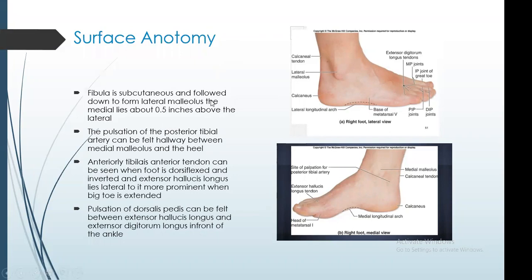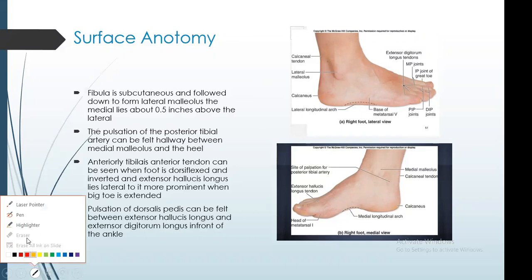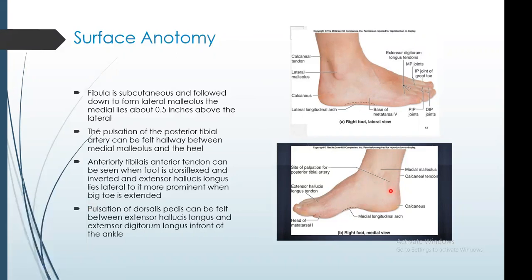Now I think you might be known of the terms of the lateral and medial by now. Medial is towards the center, lateral is away from the center, towards the side. So the pulsation of the posterior tibial artery can be felt halfway between the medial malleolus and the heel, which is, you can say, over here.